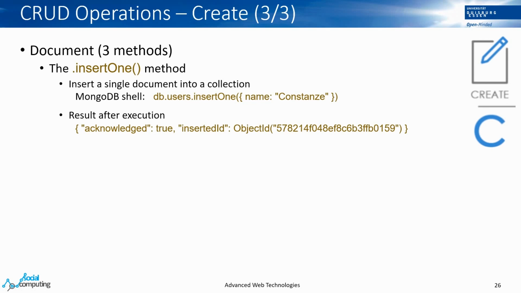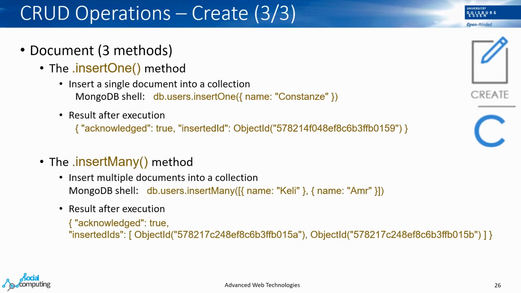But if you want to insert more than one document, there is a method which is insertMany. And once you have executed this insertMany command, you will get an acknowledgement that the command was successful, and these are the IDs of the documents which have been inserted.